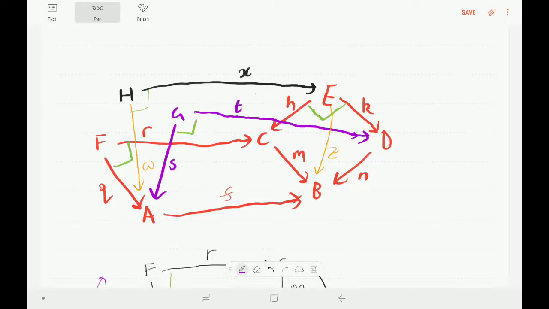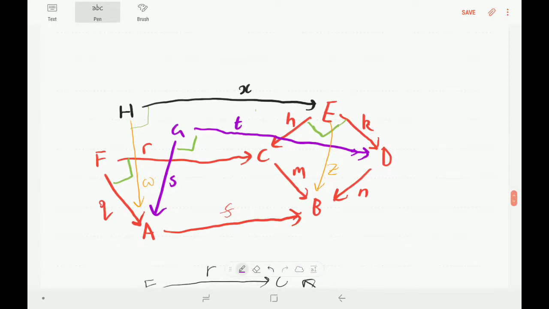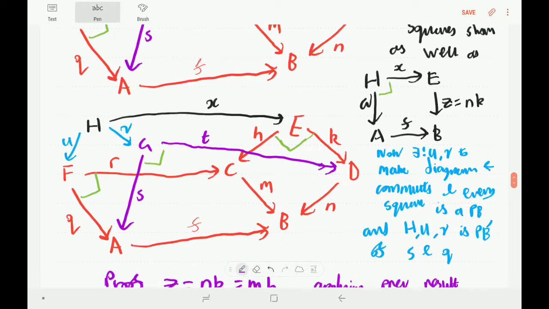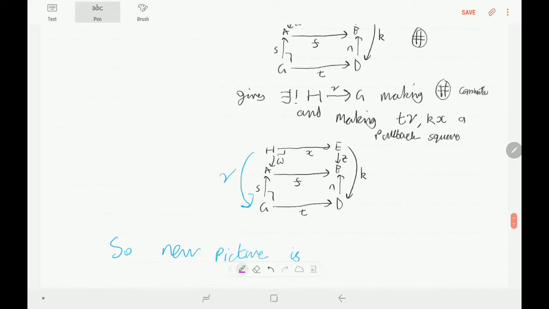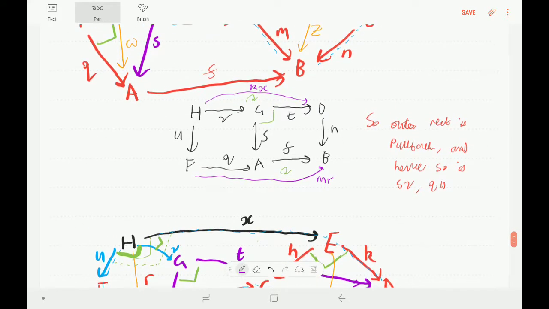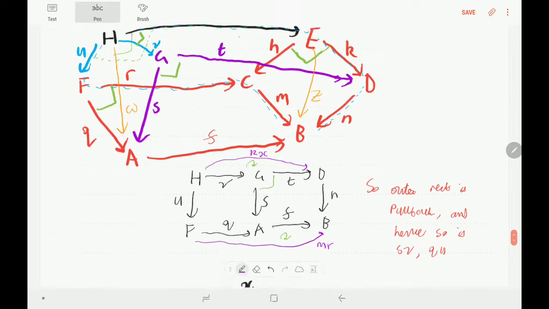The particular claim of this theorem, just before I get carried away, is that HUV is a pullback of S and Q. We do arrive at that conclusion in the end.